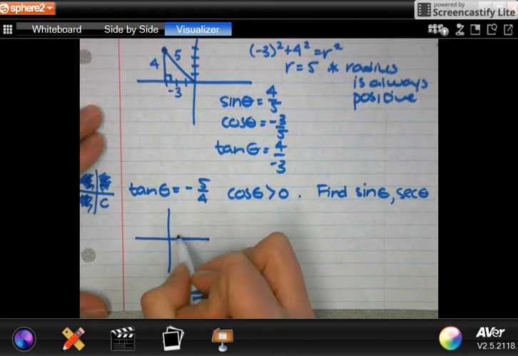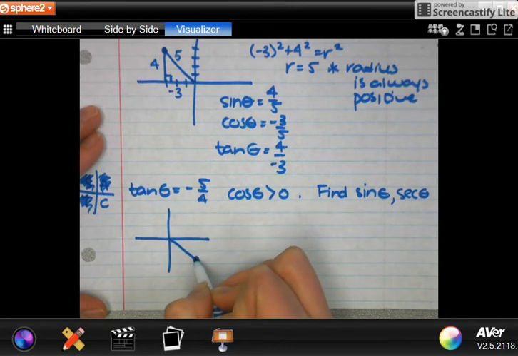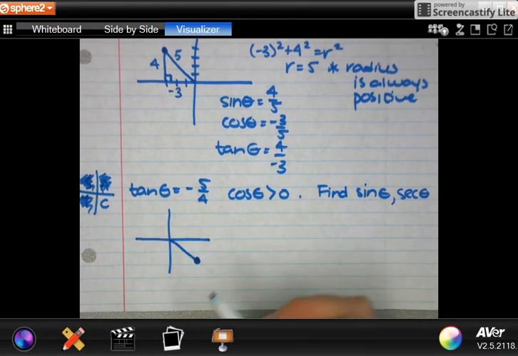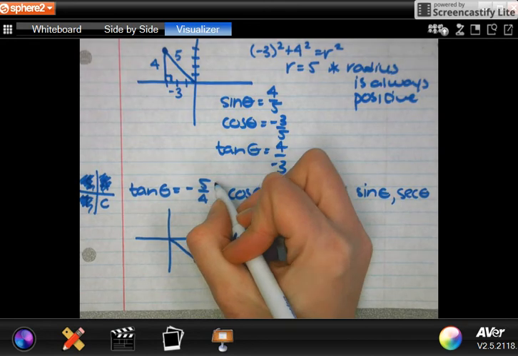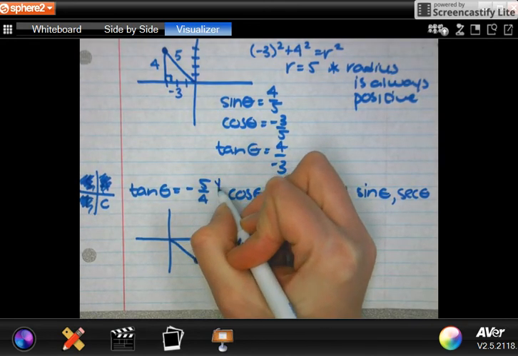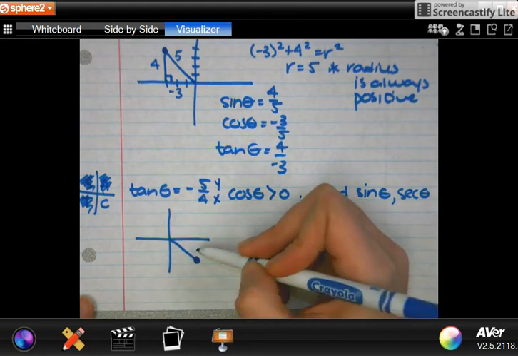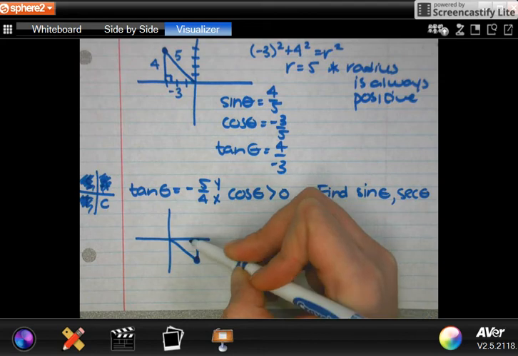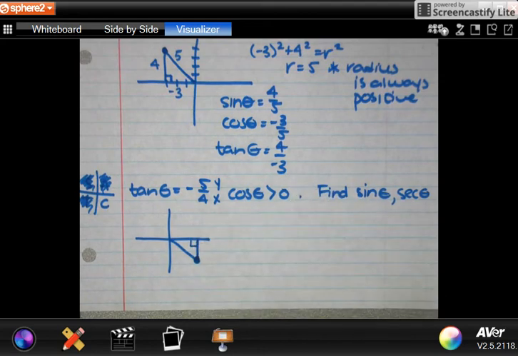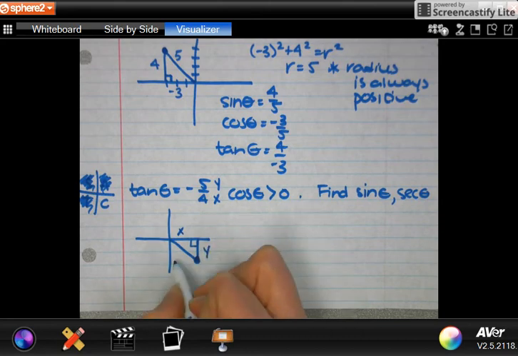So what I'm going to do is sketch out an angle that ends in quadrant 4. Now, it doesn't really matter exactly where in quadrant 4. So tangent, remember, is y over x. So if I draw my triangle, remember the triangle is always coming to that horizontal axis. This is x, y, and r.